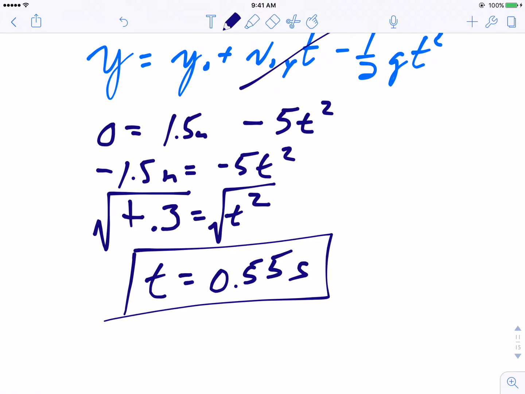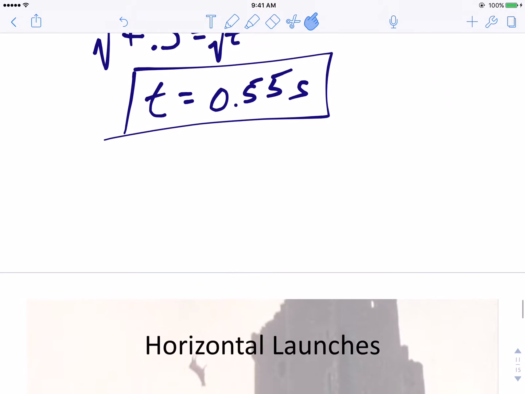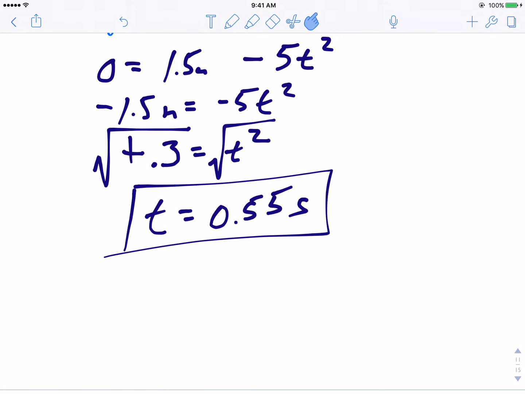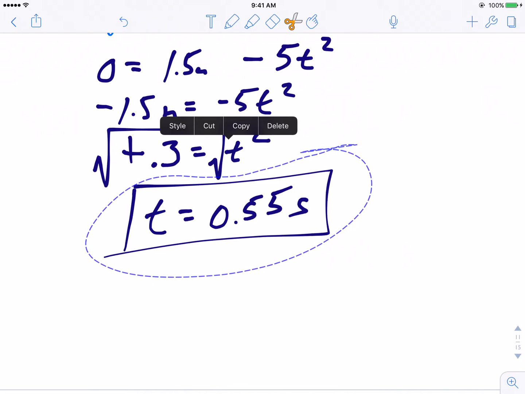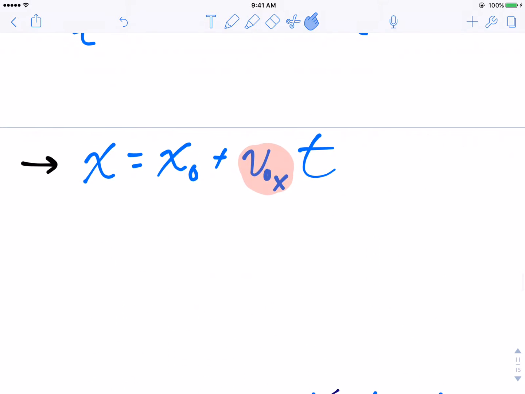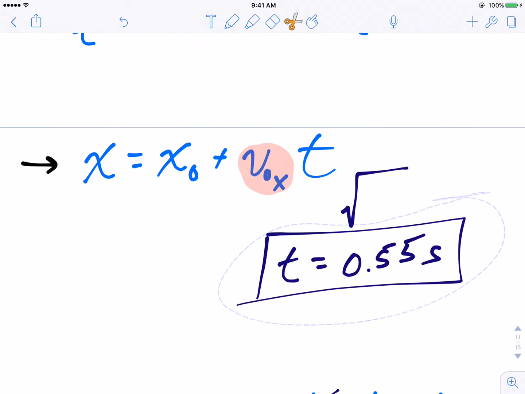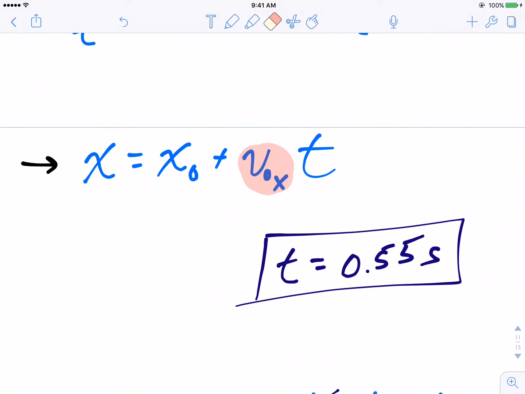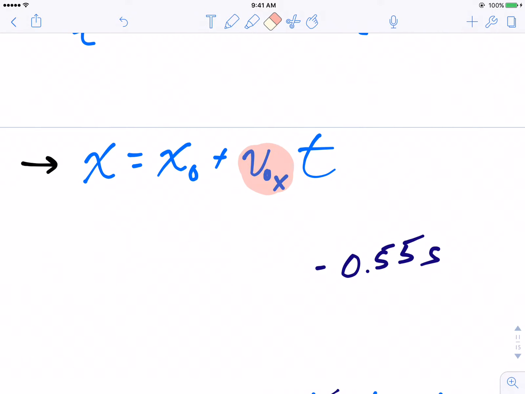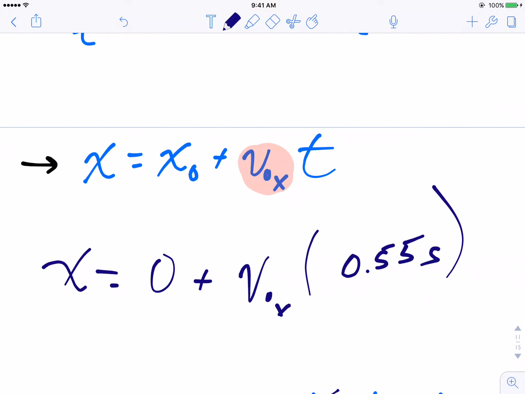All right, so we have the time, and now what we're going to do is go back up to our previous formula. So we have the time. Plug that in there. v_ox, got our x initial, and that's equal to our x final.